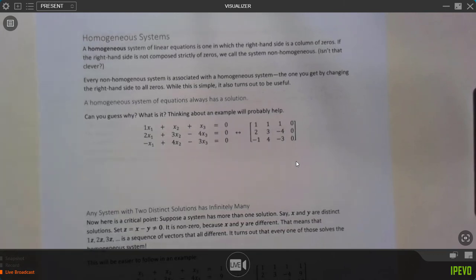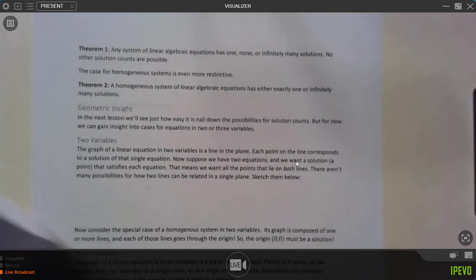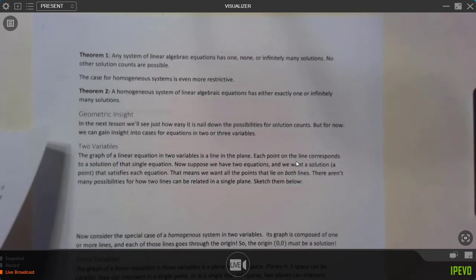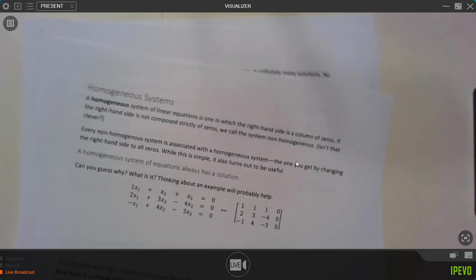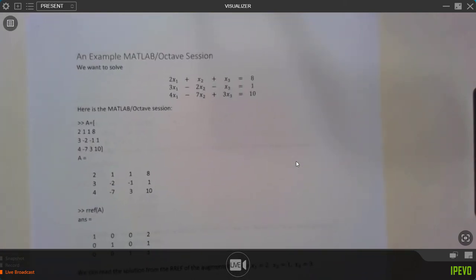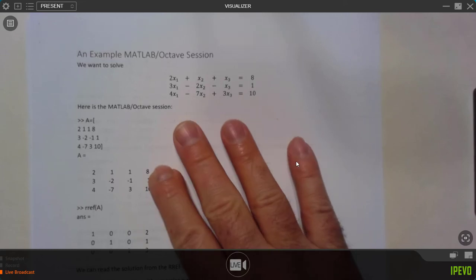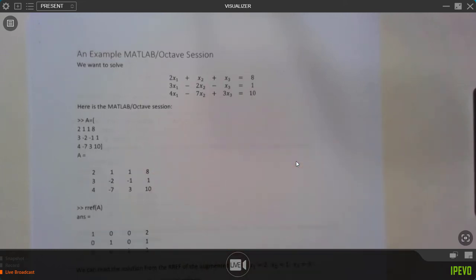And we are almost done. The reason is we want to talk about homogeneous systems here, and then a little bit of theorem and some geometric insight. But I think after that, what you're going to find in the notes is I don't expect that you would be able to write down all the stuff I was writing in order to make Octave work.